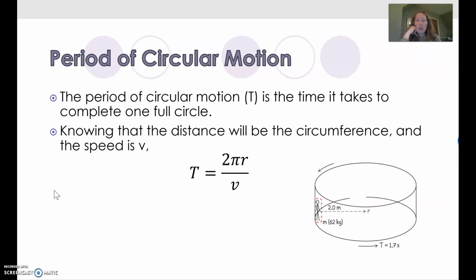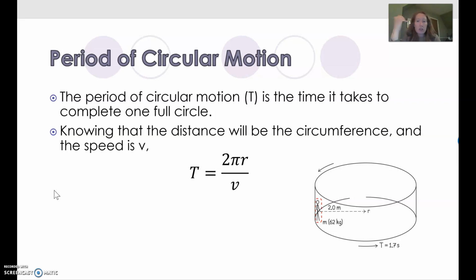And so I pasted in this picture of one of those rides where you can stand against the wall and they spin it so fast that the floor drops out. Okay, so that would have a period. Once it reaches a constant speed, it would have a regular period. So that would not change.